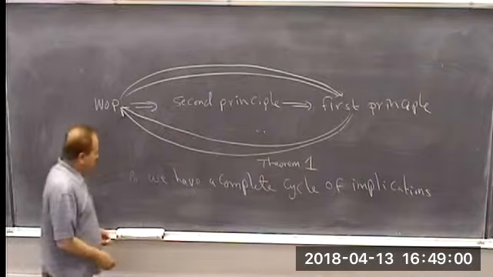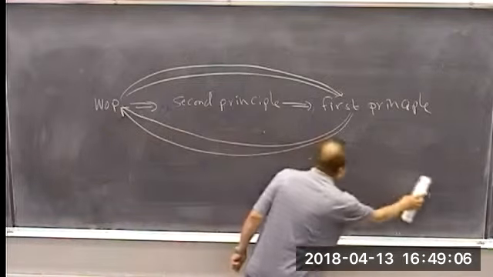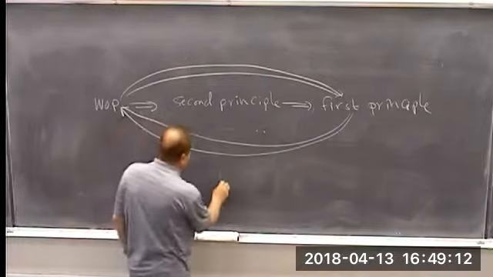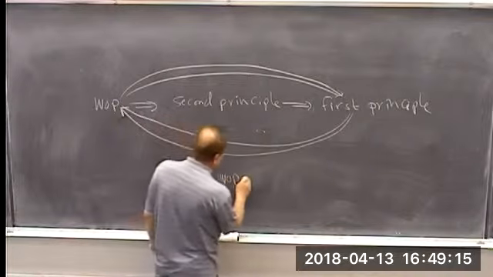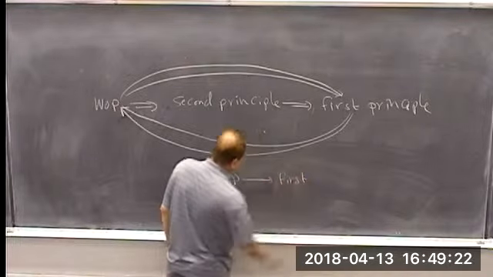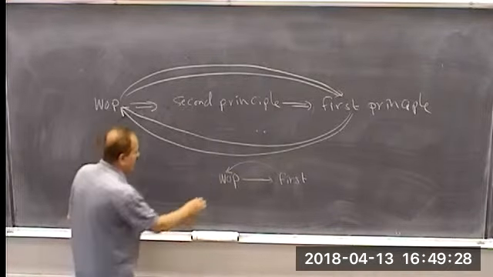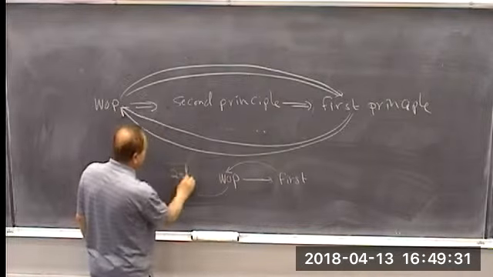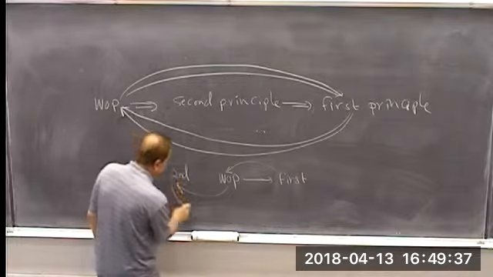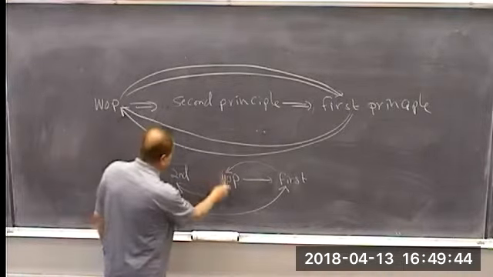In other words, if I write this in a more concise way using abbreviations, so if I put in the well ordering principle here, then I show this one goes to first, and then first goes to well ordering, going this way, then well ordering goes to second, and then second to first, and then we have also well ordering, yeah, we have this one in here.